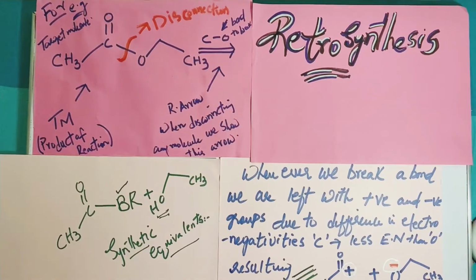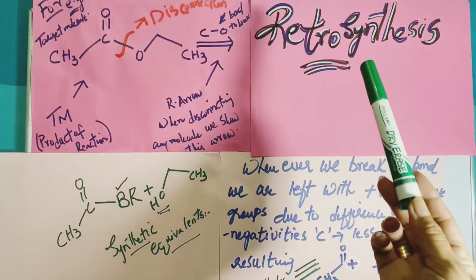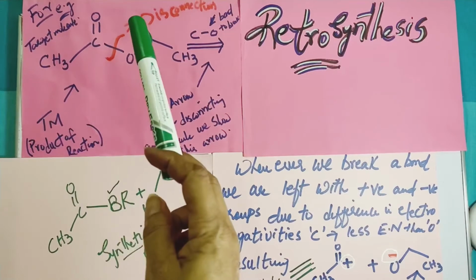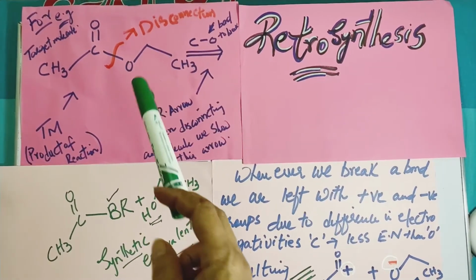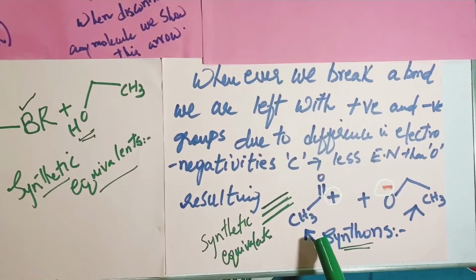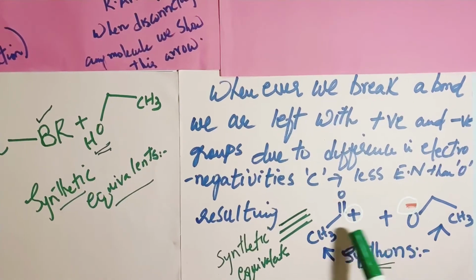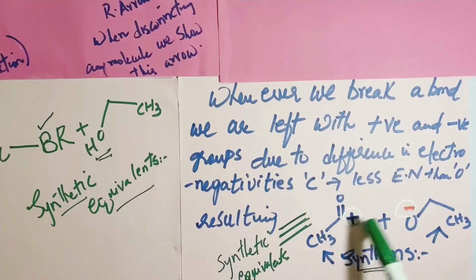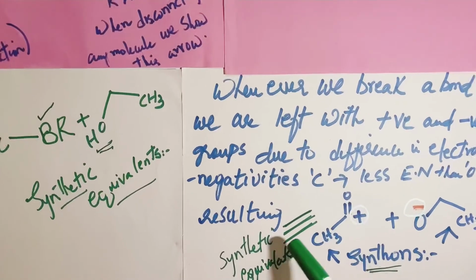Now in today's video lecture, I have made you learn what is retrosynthesis, and what is a target molecule. This was a target molecule in our case today. That was an ester. And then I explained how you can form the synthons, right? And one thing which I wanted to make clear, that you cannot add them together. There's a sign of addition here. You're not going to add them together to get the desired product, to get the synthetic equivalents.